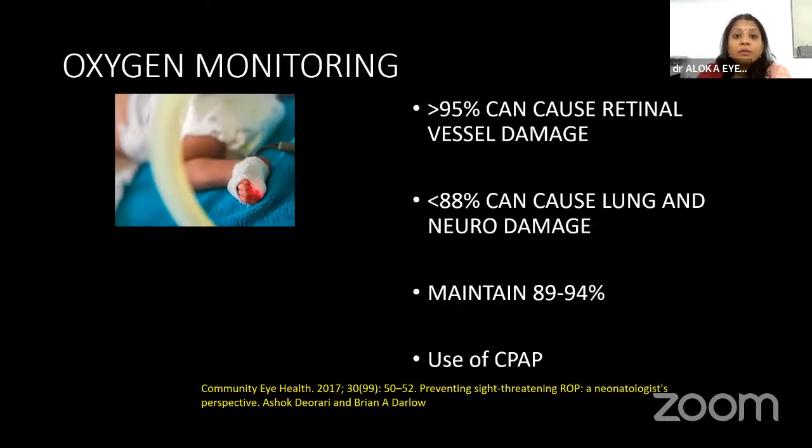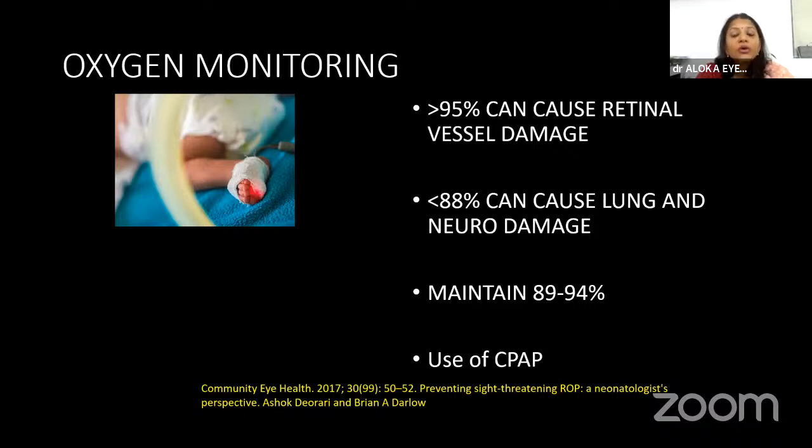Now, this is a question which is being wonderfully tackled by all our neonatologists on the panel. But what we know for sure is that SpO2 of more than 95% can cause retinal vessel damage. But we are working in a zone where you can't really take off oxygen, because then there is more lung and brain damage.